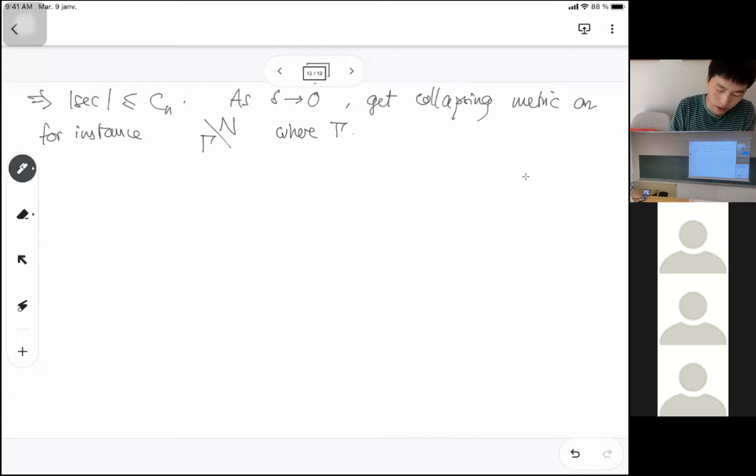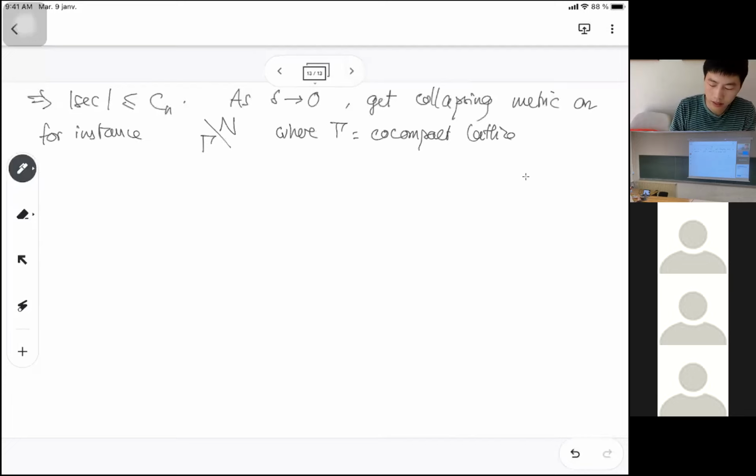Gamma is a co-compact lattice of N given by the integer subgroup of N. So why is that example interesting?